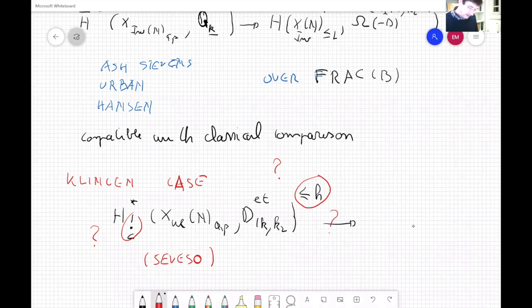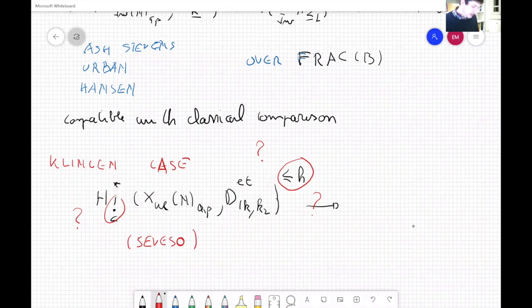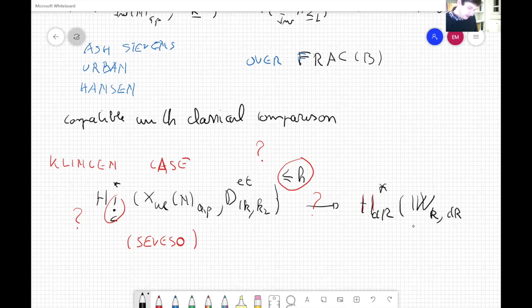But I want to set up the kind of cohomology that I'm considering in order to get to the de Rham complex of this W_K, the de Rham that we had before.